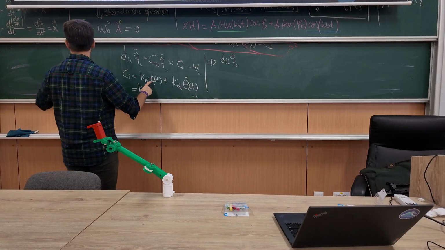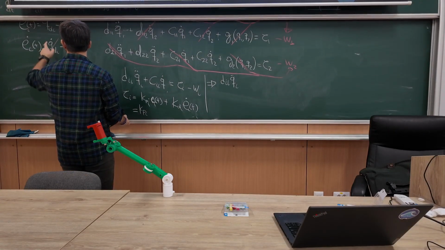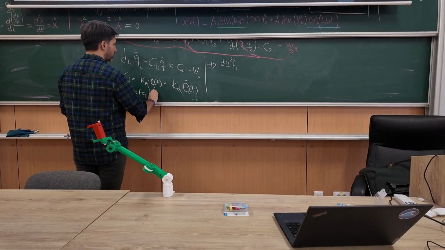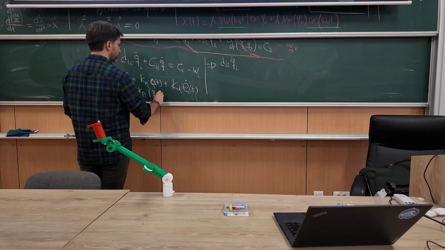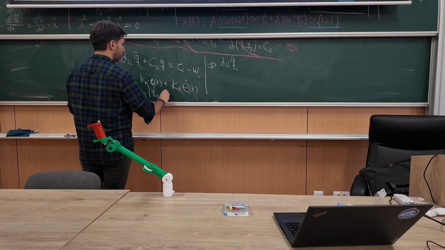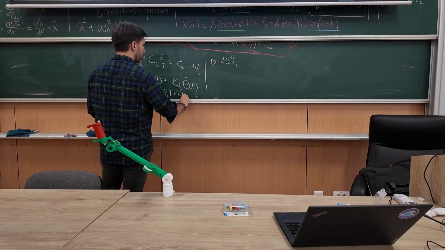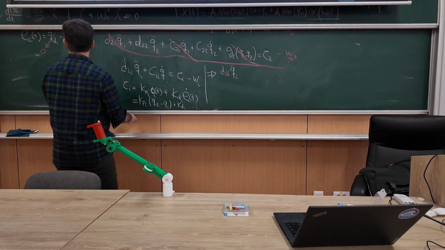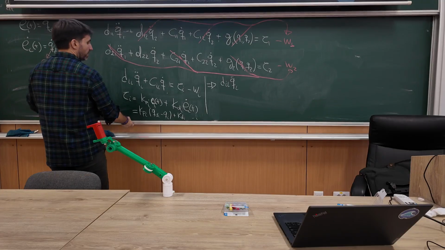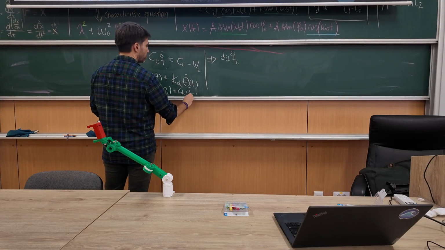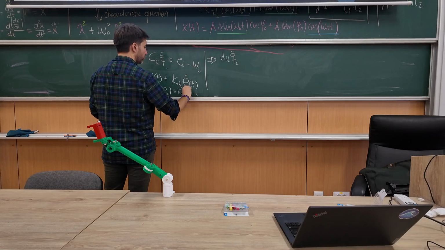This will be qd minus qi, correct? Plus kd_i, which this will be 0, so minus qi dot.